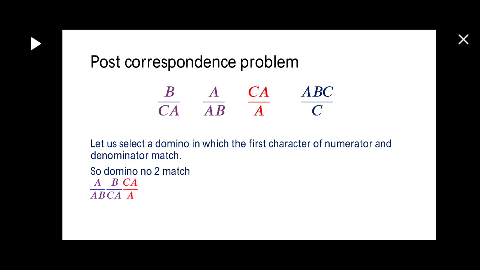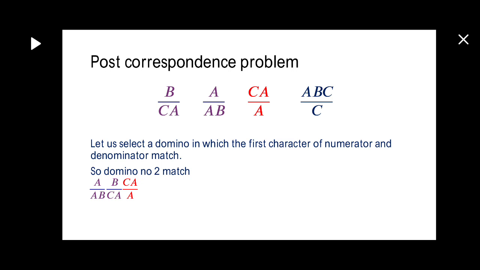So when you select the third domino, CA and CA match here, but you will have one excess A at the bottom of the denominator. So in the denominator you have one A, and you need an A on the numerator. So you should find an A for the numerator here. There are two possible matches.